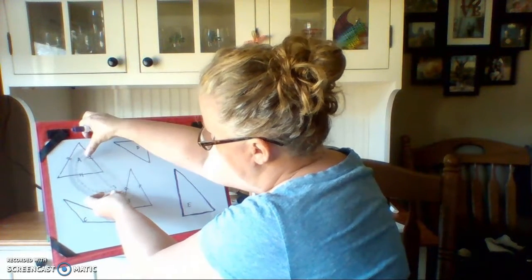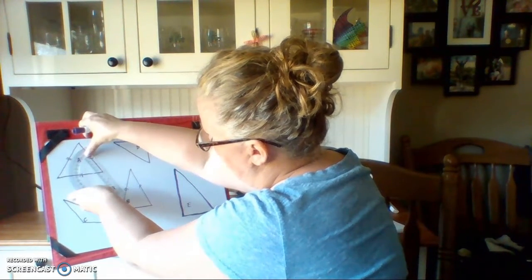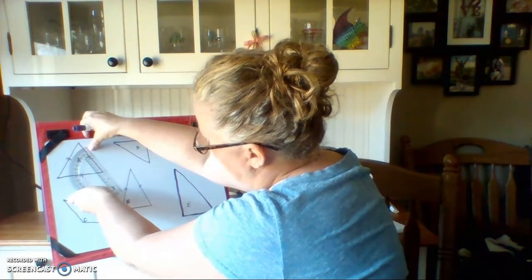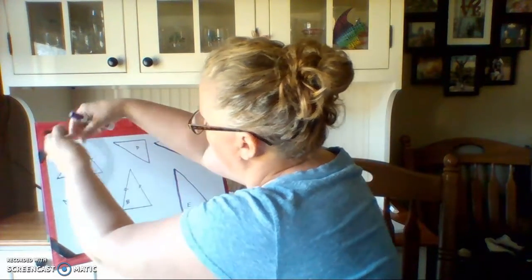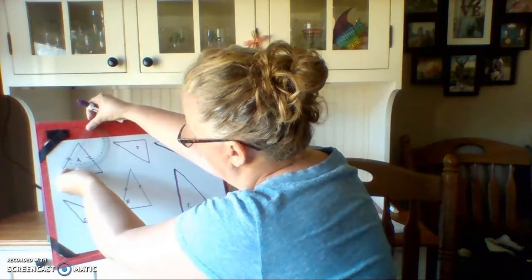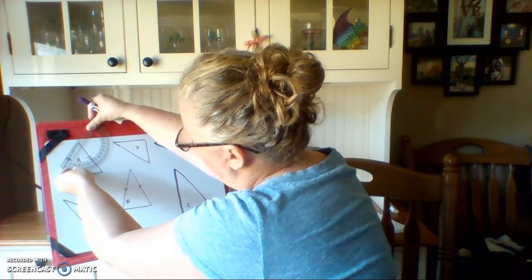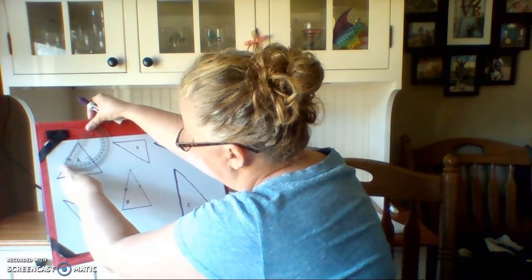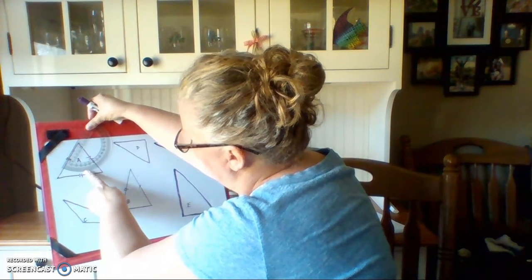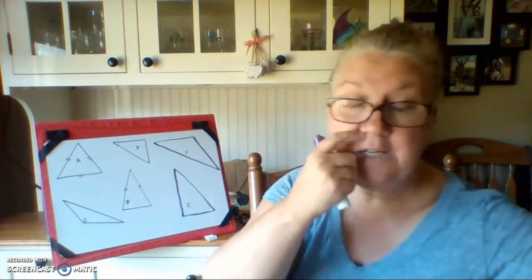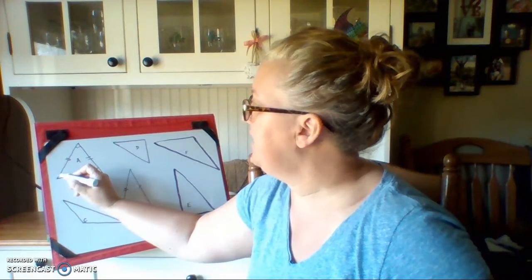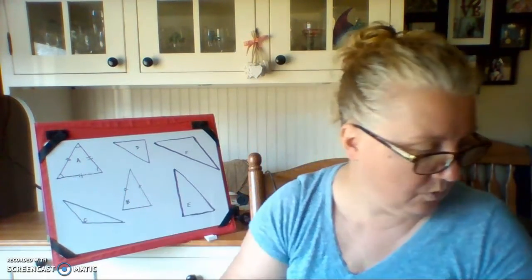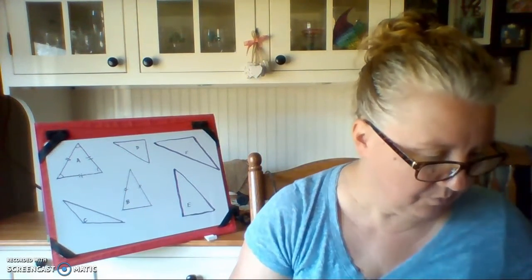And I'm going to take this angle, and I'm going to put it down, and I'm going to measure this one. And if I read my protractor, I see that one is 60 degrees. And if I take my protractor and measure this angle, I see that this one is also 60 degrees. So each of these angles inside of an equilateral triangle are 60 degrees. They are equal to one another. Pretty cool, right?